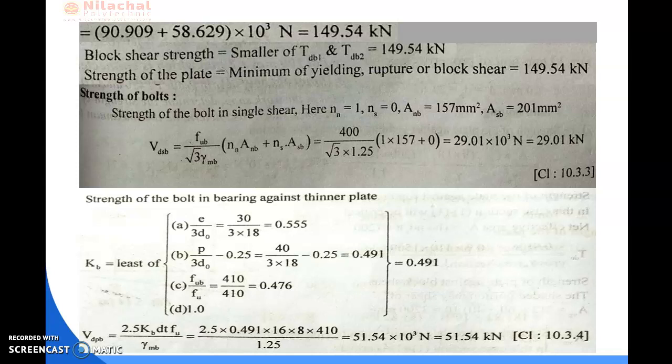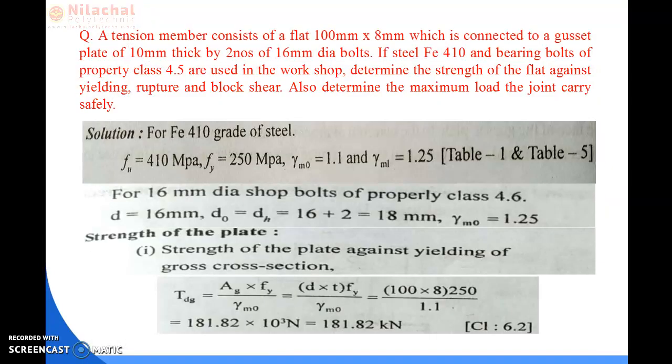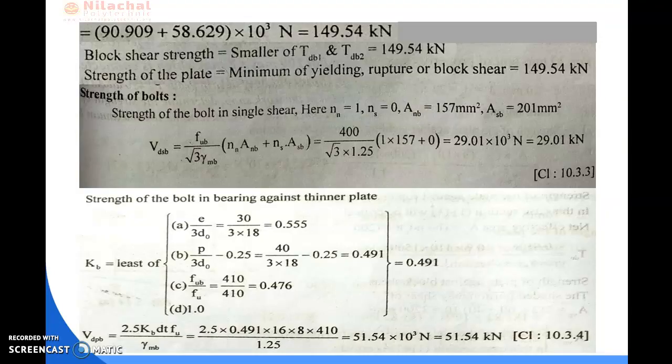So now the strength of the tension member in case of plate is equal to the minimum of the strength in yielding, rupture and block shear. In case of yielding, we got the value as 181.82. Then in case of rupture, we got the value 193.65 kilonewton. And last, in case of block shear, we got the value of strength as 149.54 kilonewton.